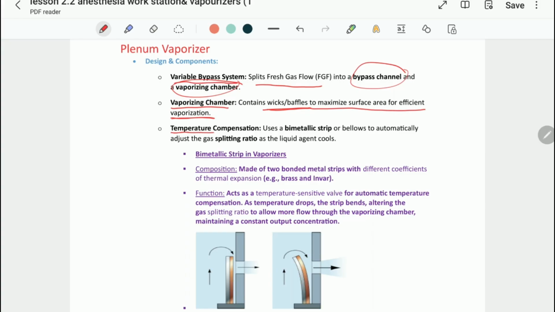It is temperature compensated, which uses a bimetallic strip or bellows to automatically adjust the gas splitting ratio as the liquid agent cools. The bimetallic strip used in a vaporizer is made of two bonded metal strips with different coefficients of thermal expansion, usually brass and invar.